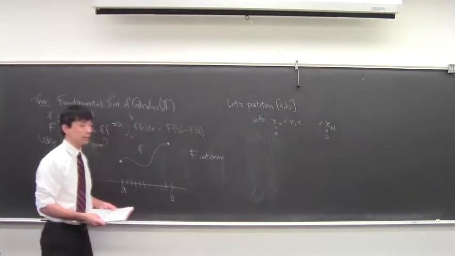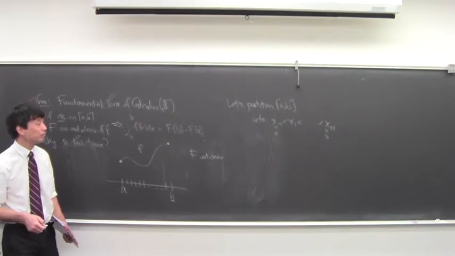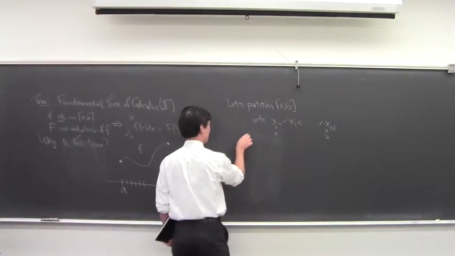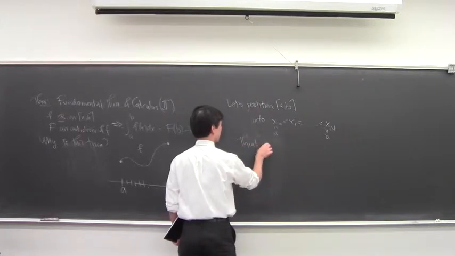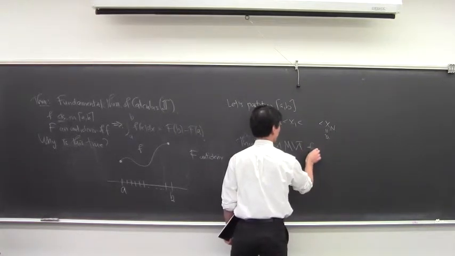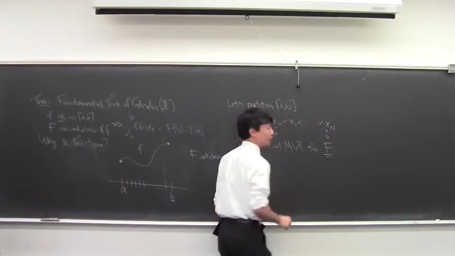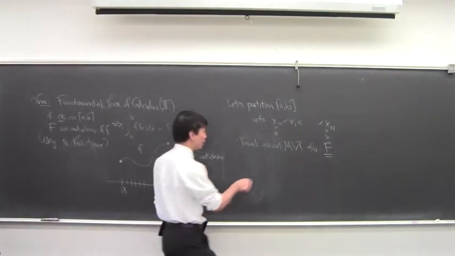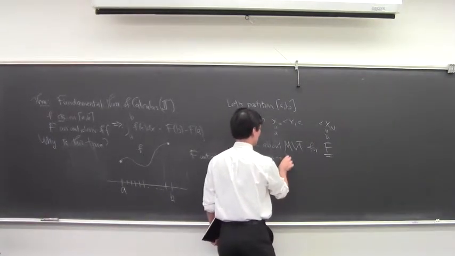So partition the base, just as usual. And then let's think about the mean value theorem for capital F on each subinterval.